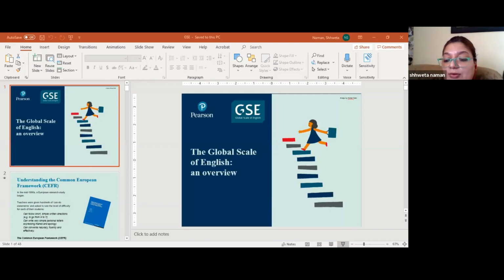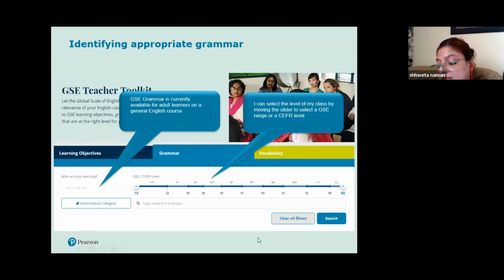Okay, so you have seen how beneficial the GSE Teacher Toolkit is. But even for a learner, not only for the teachers, the GSE can help them answer the following questions.